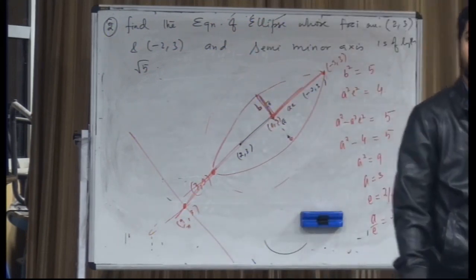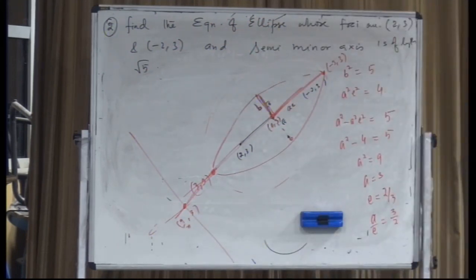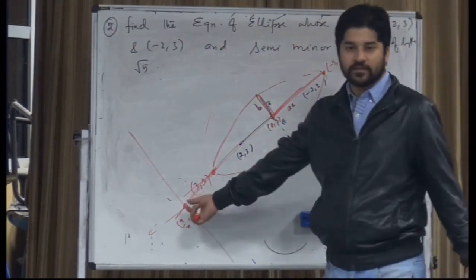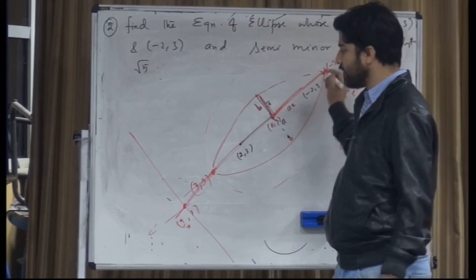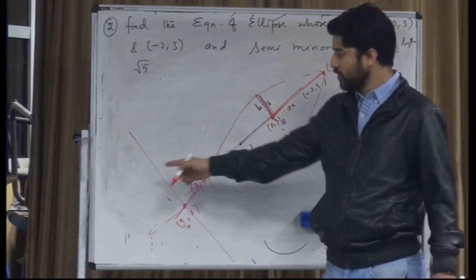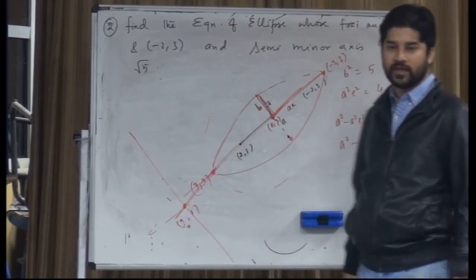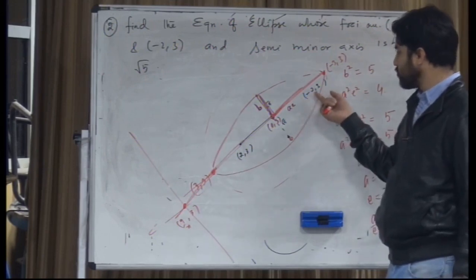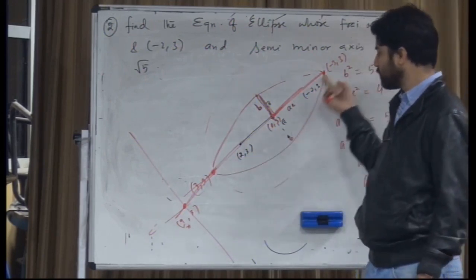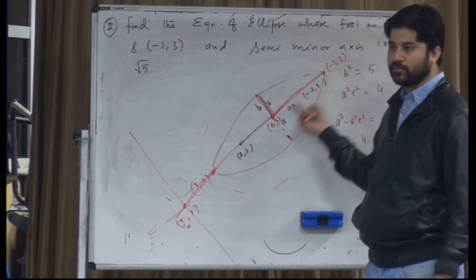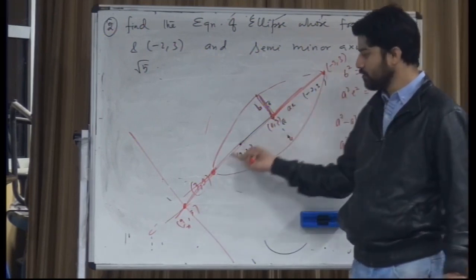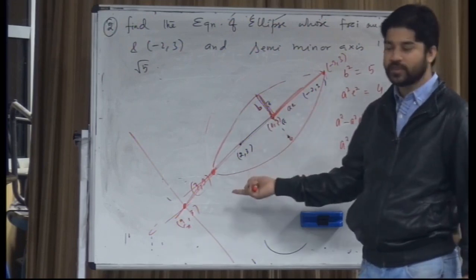This is (9/2,3). You got foot of directrix. You know the slope of this line, so you can find the slope of directrix. Acha, what is the slope of this line? It's 0. गौर से देखो, the slope is 0.